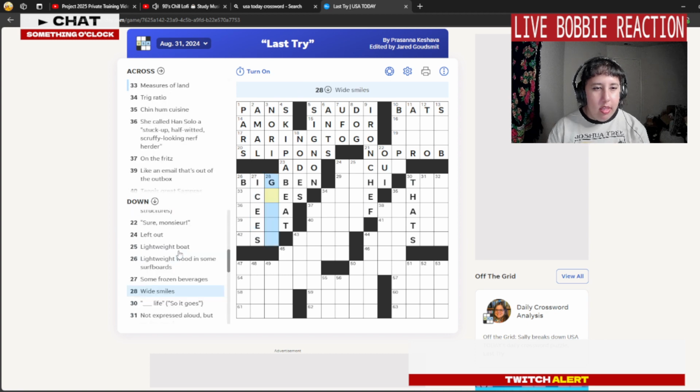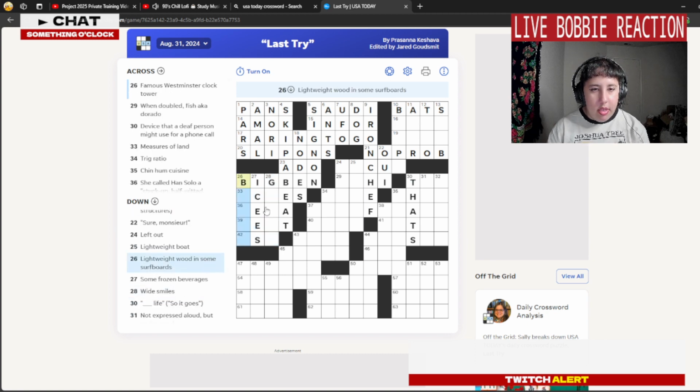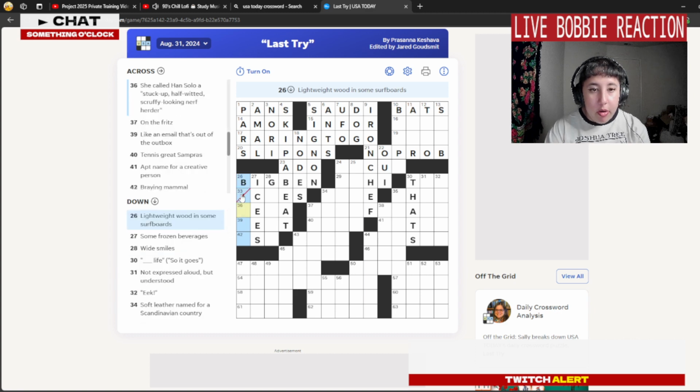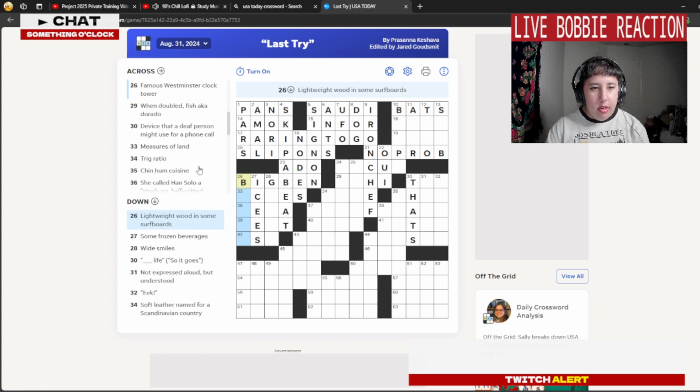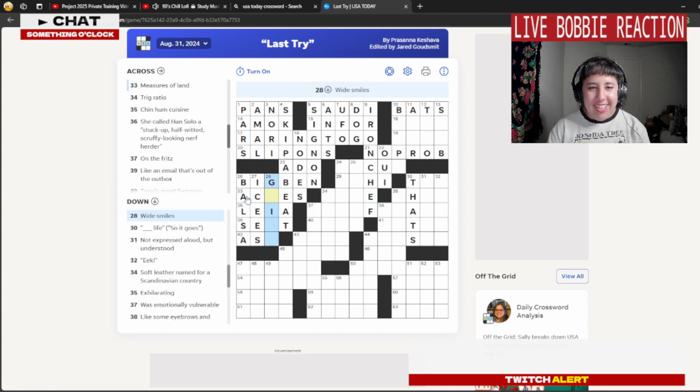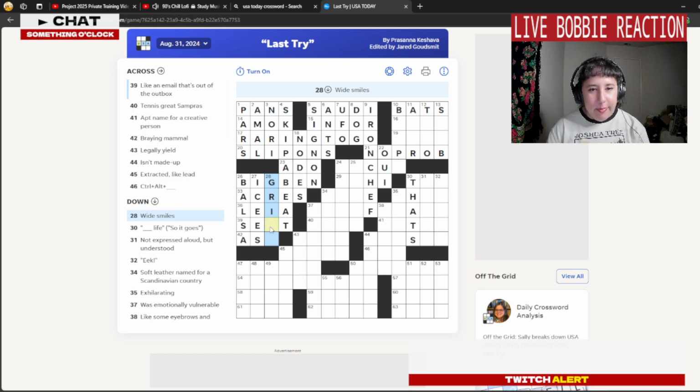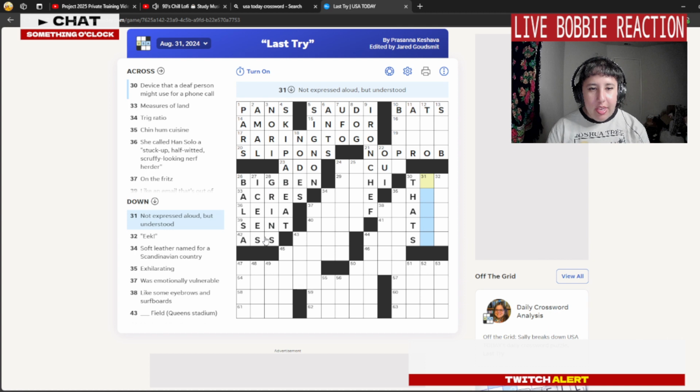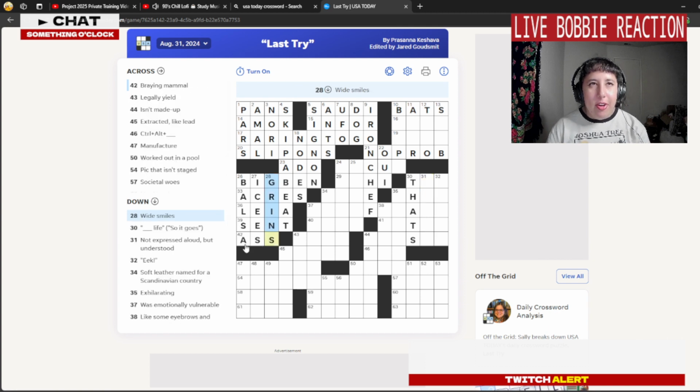Aces. Wait, wood in some surfboards. Birch? No. Oh, Leia mentioned in the USA Today crossword. Yes. I love Leia. She's fantastic. I hate that Ben Shapiro thinks he can pull her. That's crazy. The past 3 crosswords on the New Yorker, and this one on USA Today, they all keep putting ass in there. What's with that?